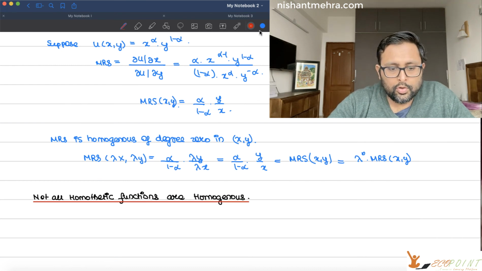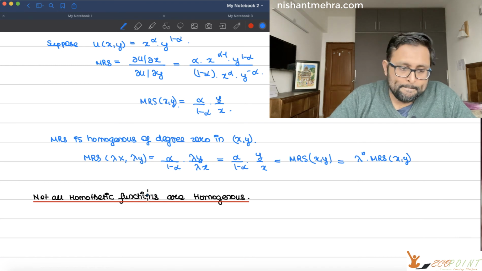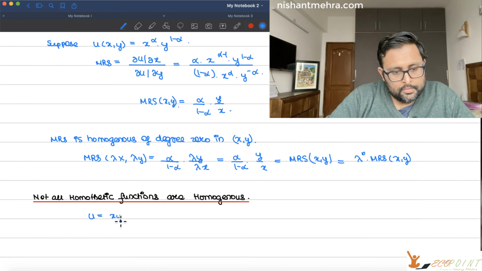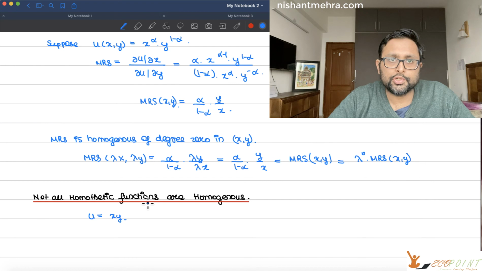For example, you have u equals xy. That's a homogeneous function, and it is also a homothetic function because its MRS is y by x, which is only dependent upon the ratio, so its MRS is homogeneous of degree 0 in x and y.